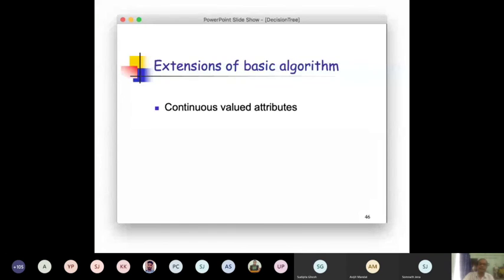So there are various extensions possible from this basic algorithm. Like you can handle continuous valued attributes. In fact, yesterday some of you asked me these questions. Today I will give you a brief overview of how continuous variables are handled. Also attributes with many values, which is similar to the problem with continuous valued attributes.